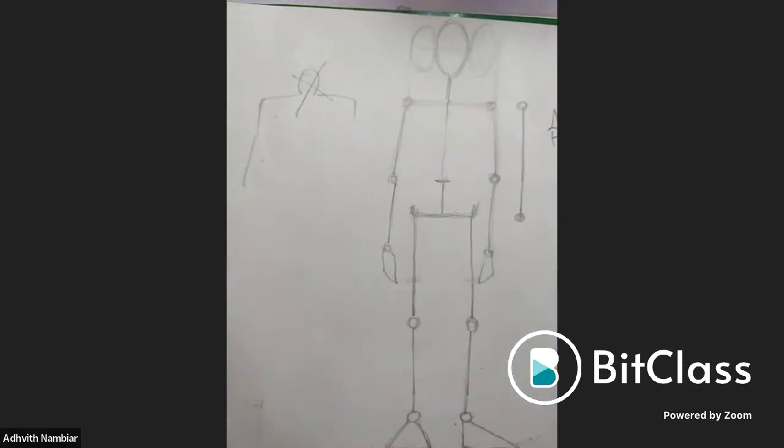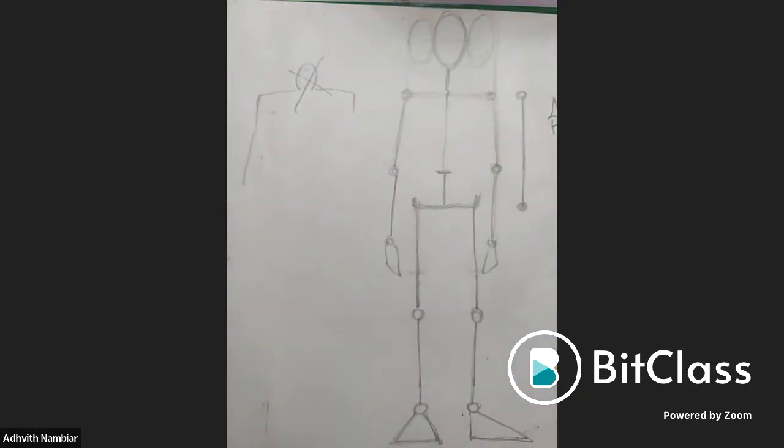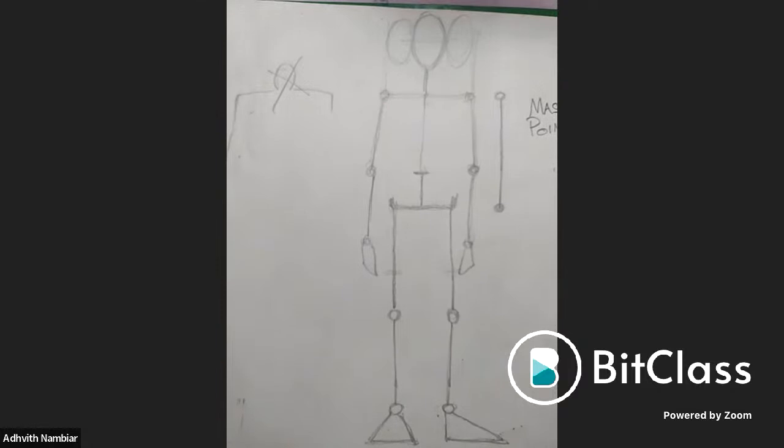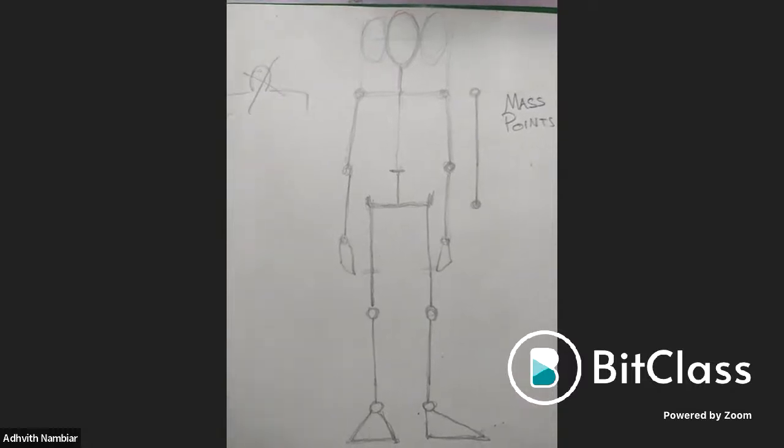All right. So how do we do the mass points? What is the biggest mass point in our body? Can anyone tell me that? Which area do we have the most amount of mass? Anyone have any guesses? Any suggestions?